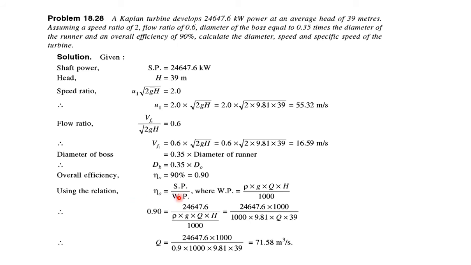Using the relation, overall efficiency equals shaft power upon water power, where water power is rho g Q H upon 1000, we can find out the value of discharge from this relation. That comes to 71.58 cubic meters per second.